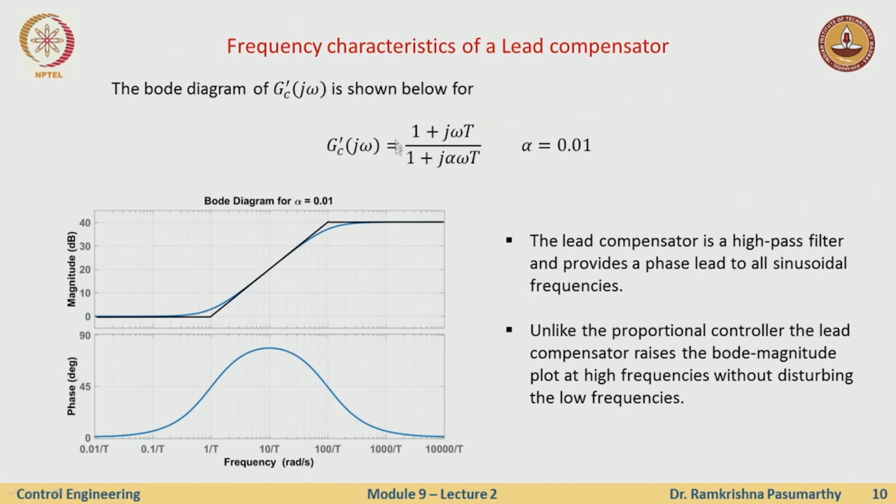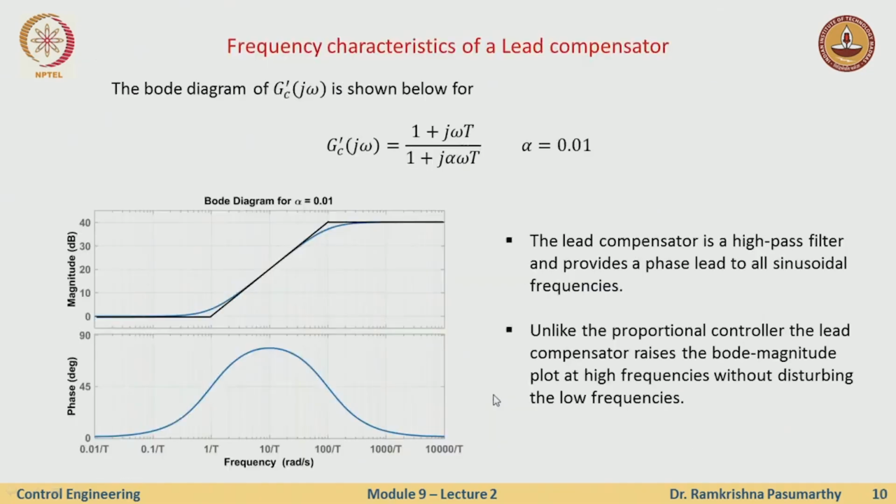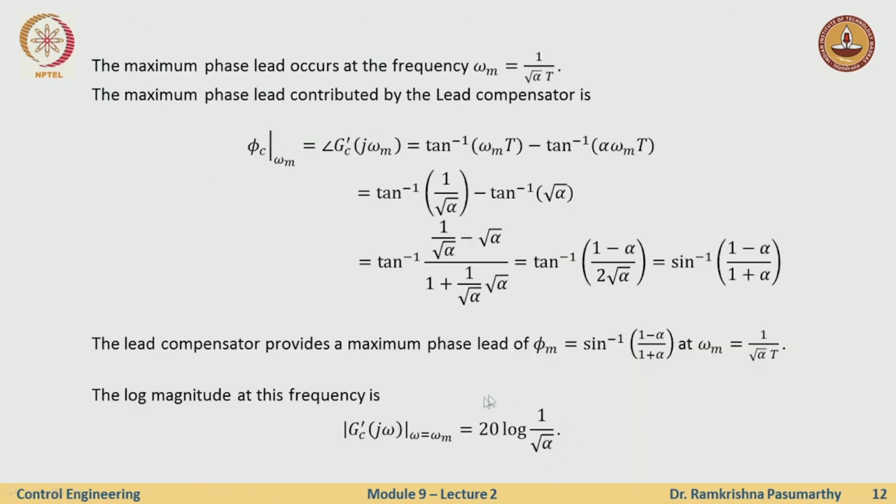I am just substituting these values into the expression: substitute omega equal to 1 over square root alpha t, find the magnitude, and I just get this. 20 log 1 over square root alpha is the magnitude at this frequency, which is the frequency at which the maximum phase lead occurs due to the compensator.